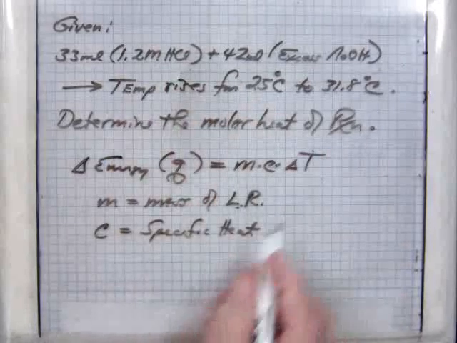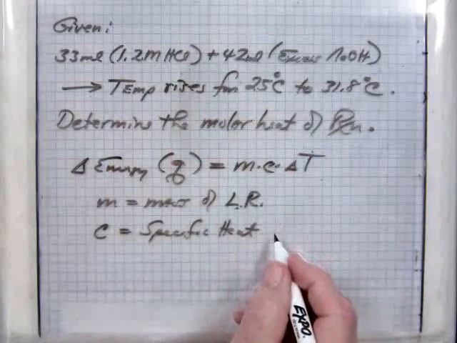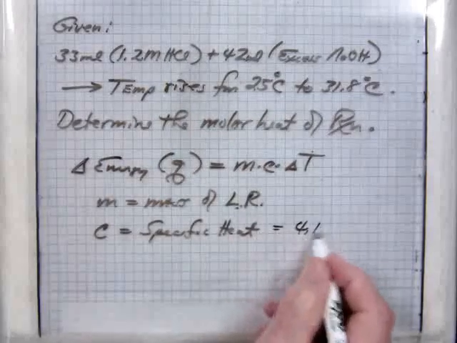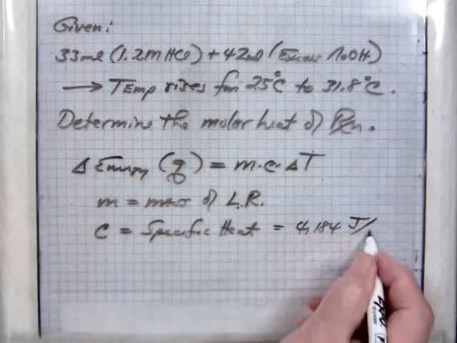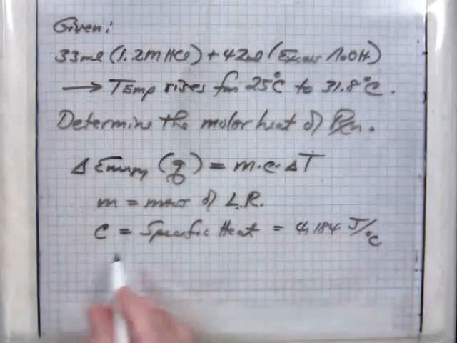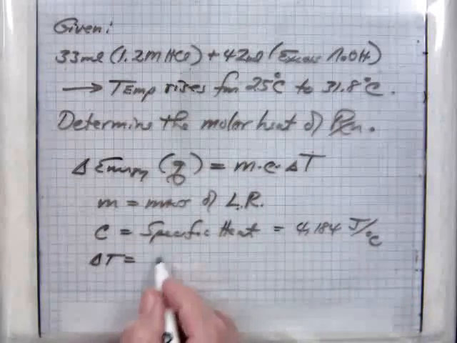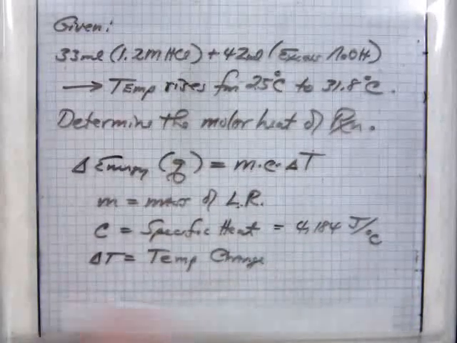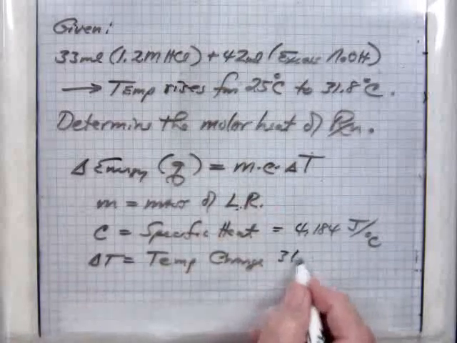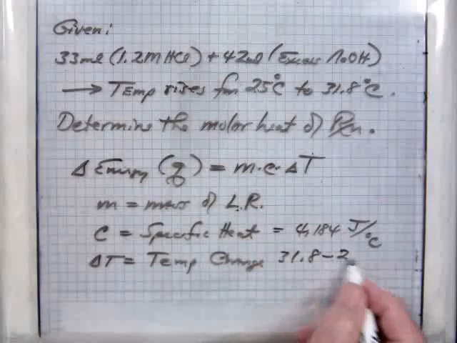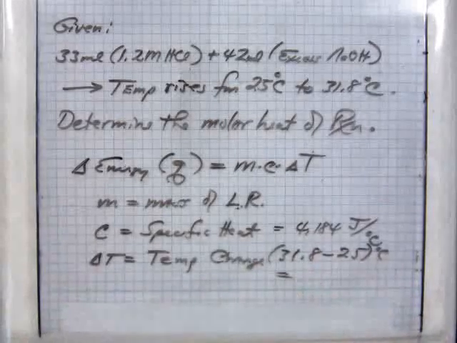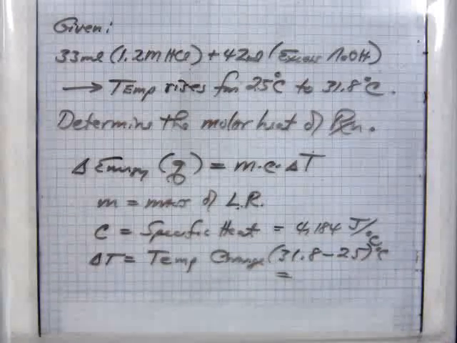C is specific heat, which is a constant given, 4.184 joules per gram degree C. And delta T, of course, is temperature change, and in this case is 31.8 minus 25 degrees C, 6.8 degrees.